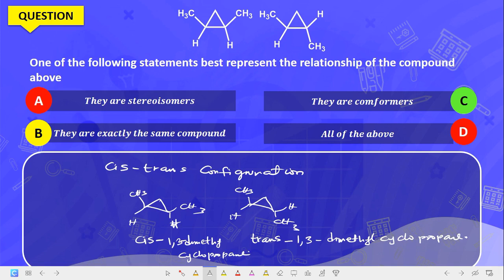That is the name of these compounds that are here. Are we getting it now? So the correct answer is that they are stereoisomers. They are not conformers, they are not exactly the same compound, and they are not all of the above. So that's the right answer to that question.